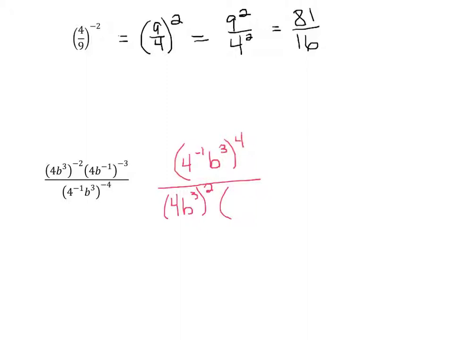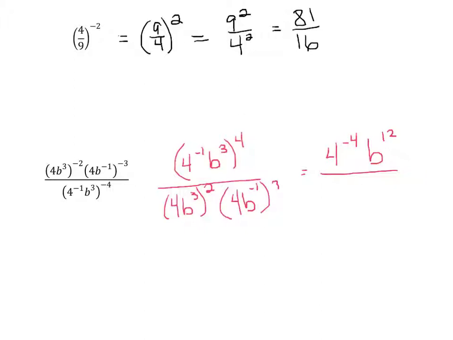Squared, and then 4b to the -1 cubed. Now we can start to multiply our power of a power. That means 4 times -1, that gives us 4 to the -4 power. And then 3 times 4 gives us b to the 12th power.